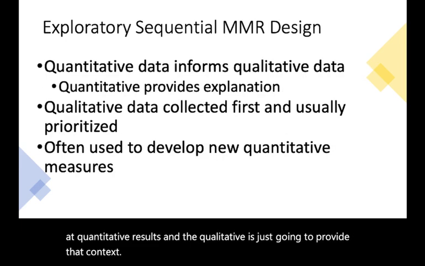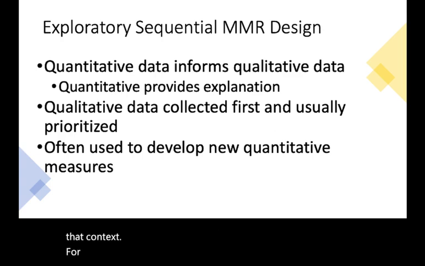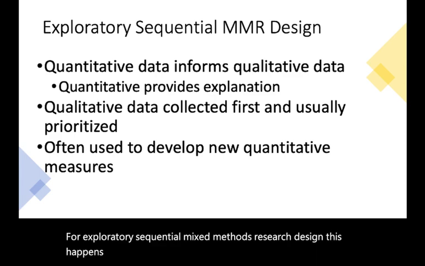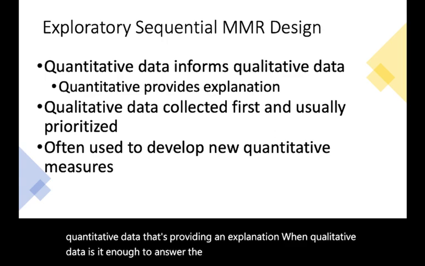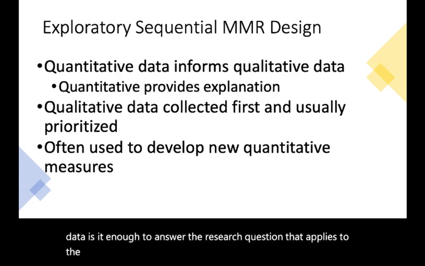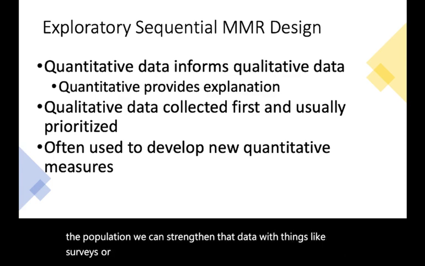As for exploratory sequential mixed methods research design, this happens when quantitative data informs the qualitative data. So it's quantitative data that's providing an explanation. When qualitative data isn't enough to answer the research question that applies to the population, we can strengthen that data with things like surveys or quantitative observations.